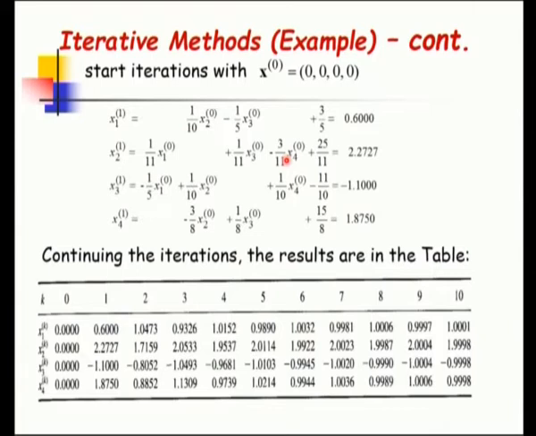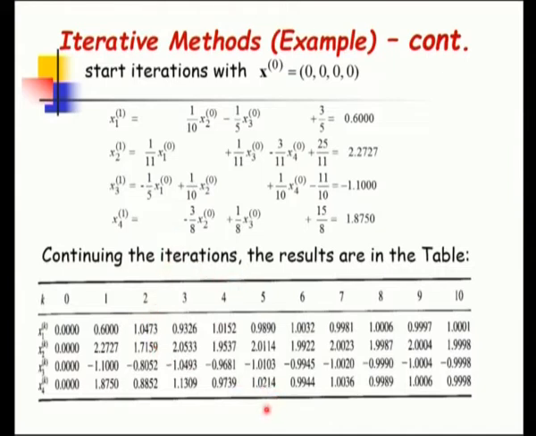For a suitable choice you can get faster convergence, but for any choice the scheme will definitely converge. By substituting x naught, the 0th iterate, as 0 0 0 0, I get the first value, and now the first iterate will be used in the right hand side, and I will get the second iterate.